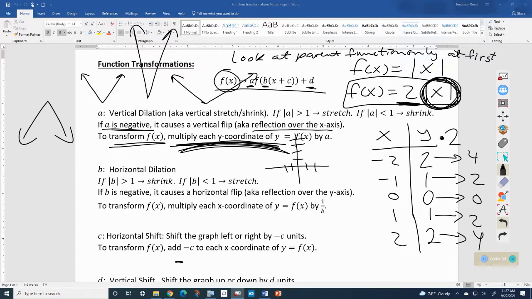So my ordered pairs would be -2, 4, -1, 2, 0, 0, 1, 2, and 2, 4. So that is this function.